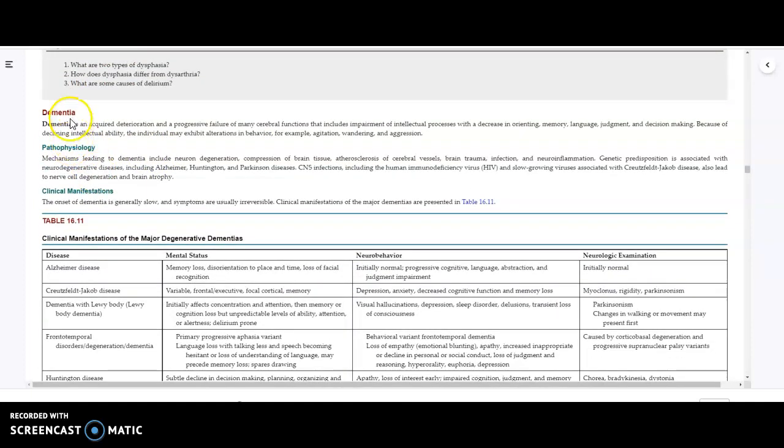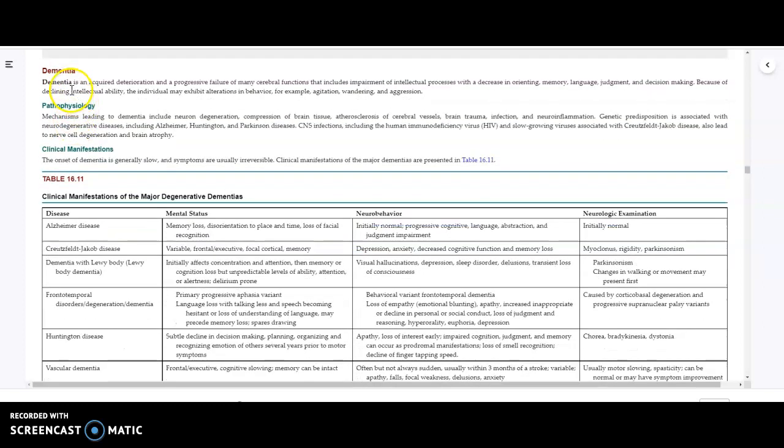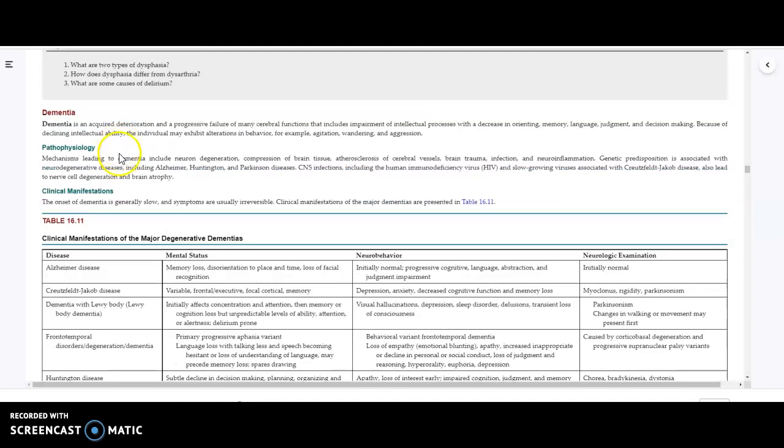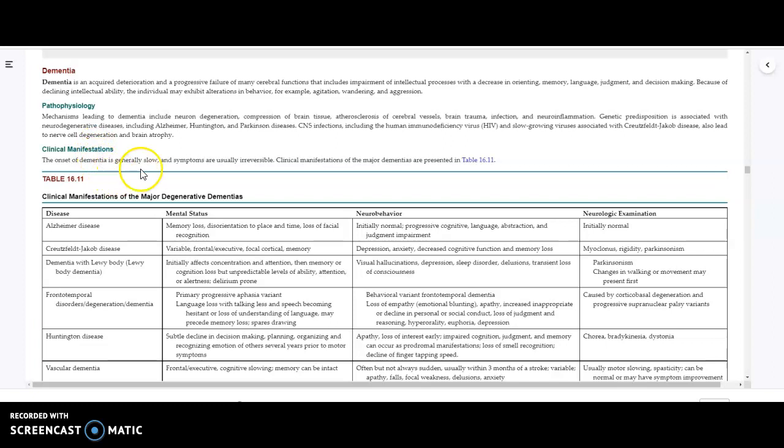Your book goes a little into dementia and differentiating it, and this is where I want to go back to two things in our lesson. From here to the end of the chapter, the book does a good job of separating the different types of neurological disorders basically into 4 different types.